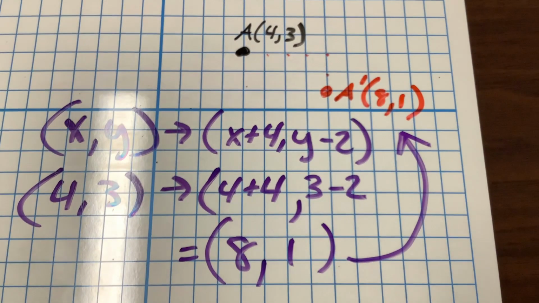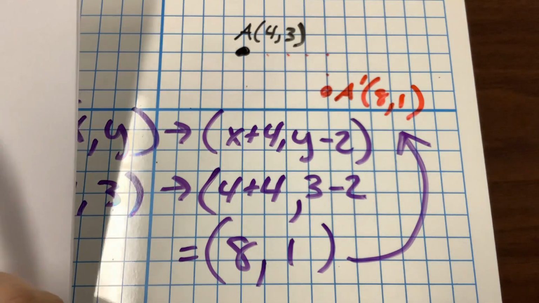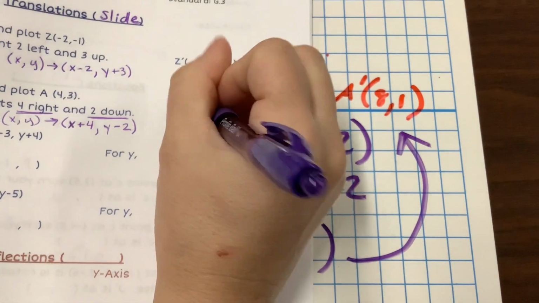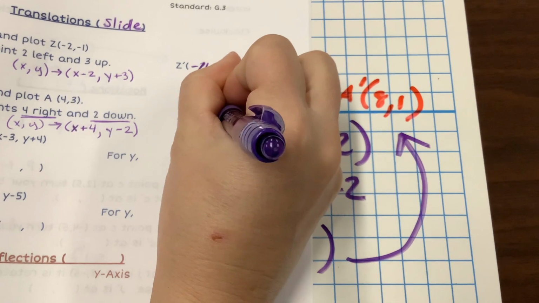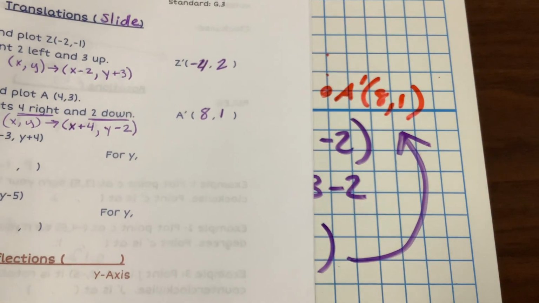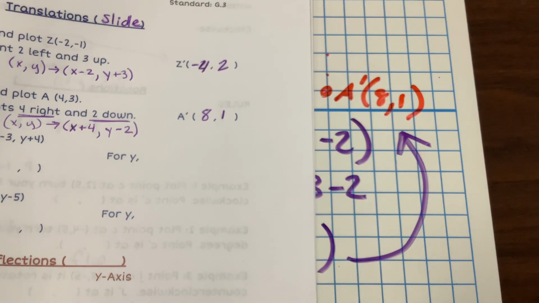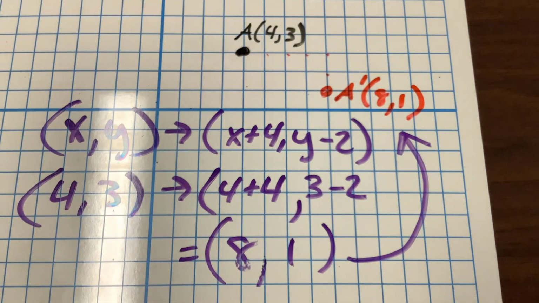So you can use a graph to find it, or you can use the algebraic rules to find it. Either way, it's the same thing. So now, on your notes, we need to put that A prime is 8 and 1. Okay, go ahead, erase your board.